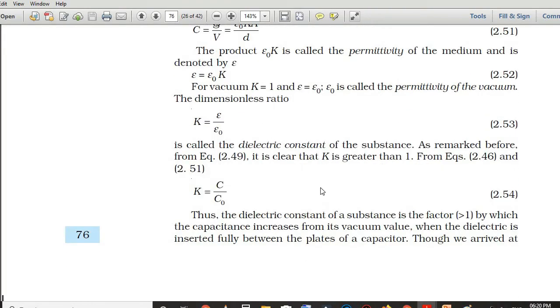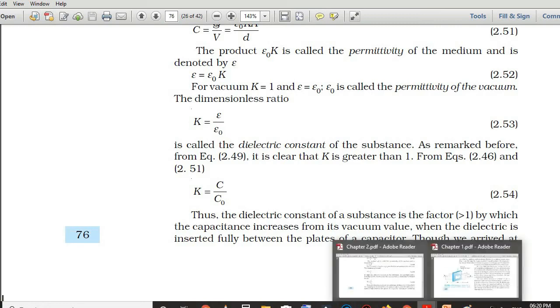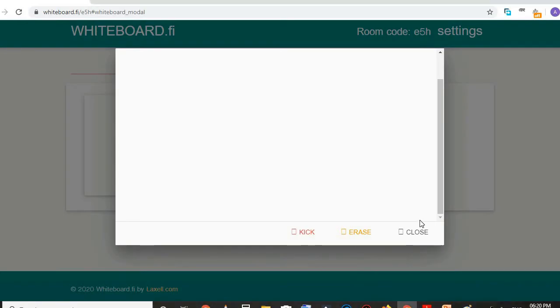Thus, we may also write K is equal to C by C0. Just above we studied K is equal to epsilon divided by epsilon 0. But we got two equations.